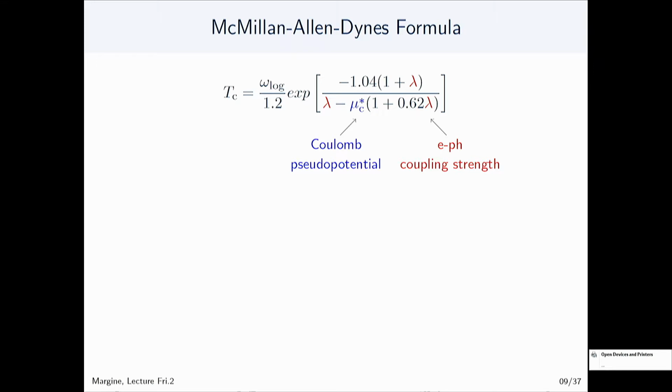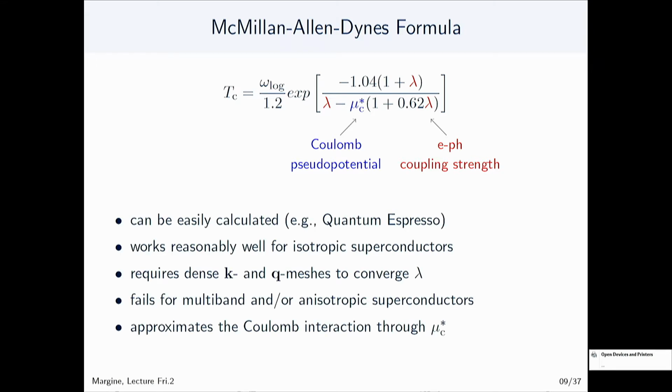And the reason is that all you need is basically a value for lambda. So it's easy to calculate, and it's been around for many years in Quantum ESPRESSO, since you can estimate lambda, and this can be done also ab initio. And this formula works reasonably well for isotropic superconductors.